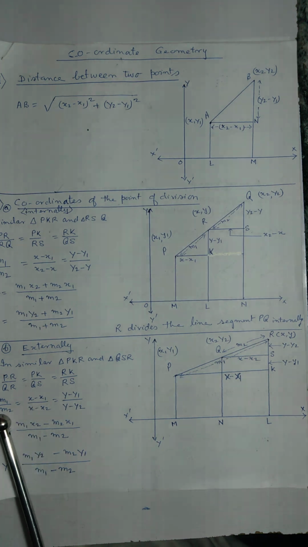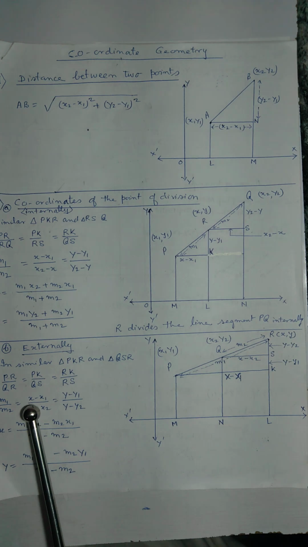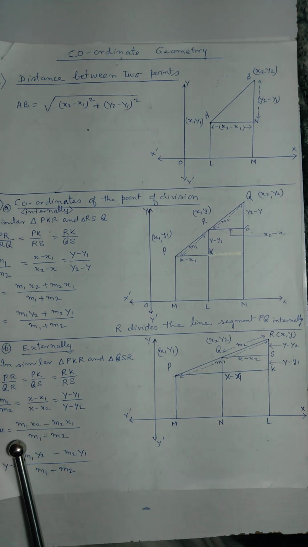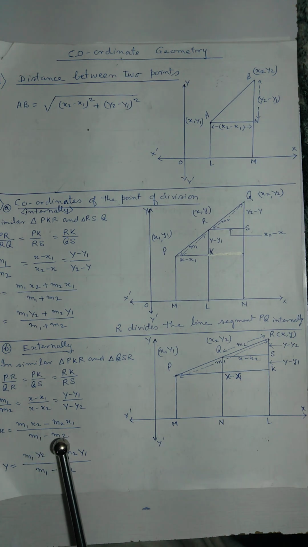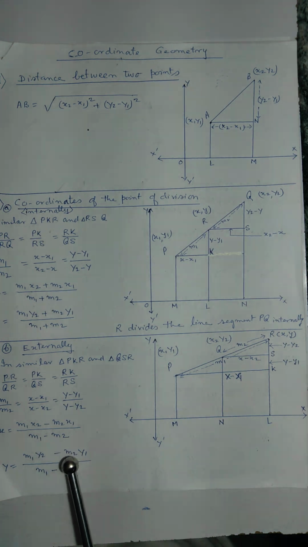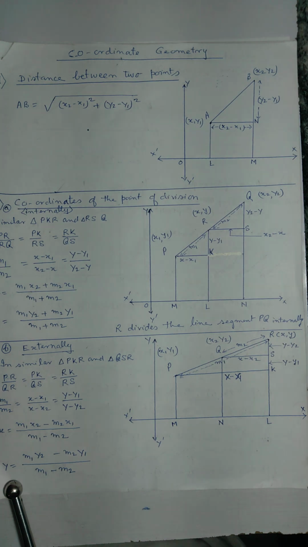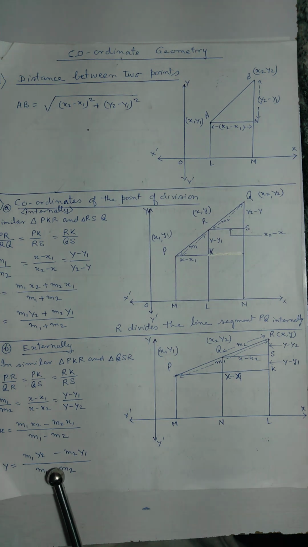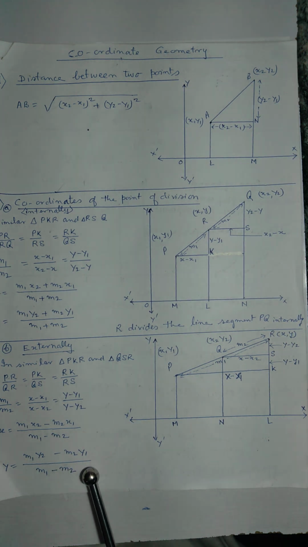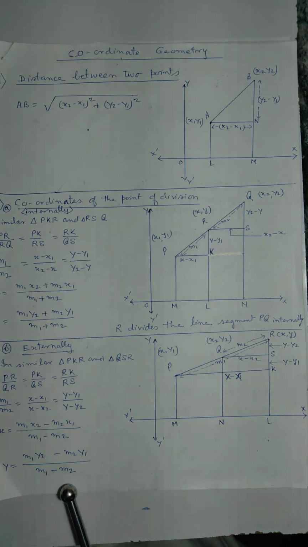So first of all, take the first two ratios. With the help of these two ratios, you can find out the value of x, which is the abscissa of point R. So m1 into x2 minus m2 into x1 upon m1 minus m2. Similarly, you can find out the value of y, that is the ordinate of point R, and it will be equal to m1 into y2 minus m2 into y1 upon m1 minus m2.